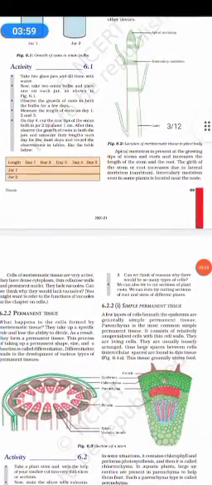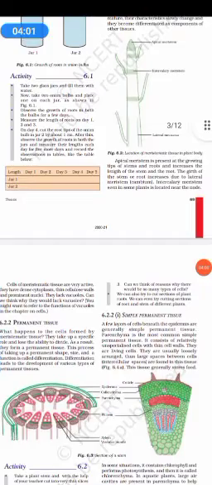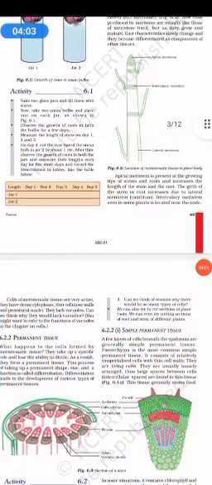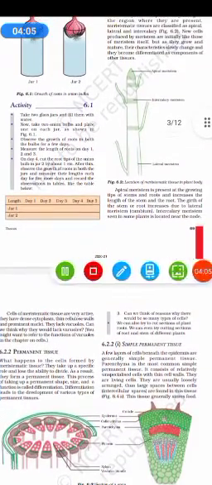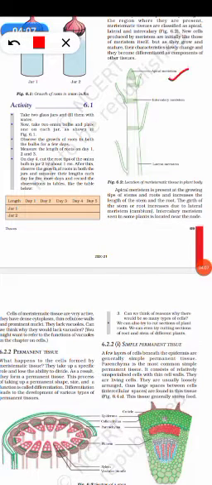The apical meristem is present growing at the tip of the stems and roots, and it increases the length of the stem and root. The girth, that is the width, of the stem or root increases due to the lateral meristem. And intercalary meristem, seen in some plants, is located near the node.